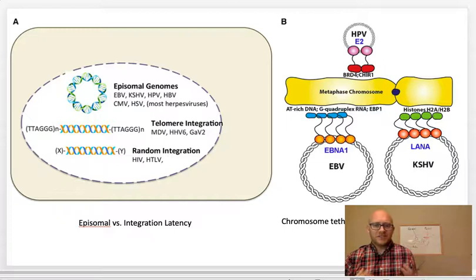Those are viruses that engage in telomeric integration. So it's still a provirus. It's not an episomal infection, even though it is a herpes virus. Okay? It's more of a proviral approach. It's still double-stranded DNA. And what it likes to do is it has little tags on the ends that look like the repeats for the telomeres at the end of your chromosome, and it actually inserts in there.